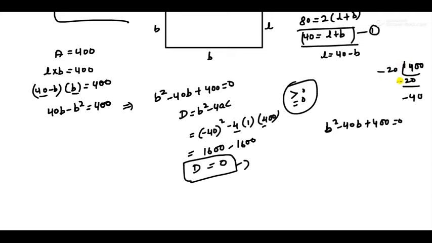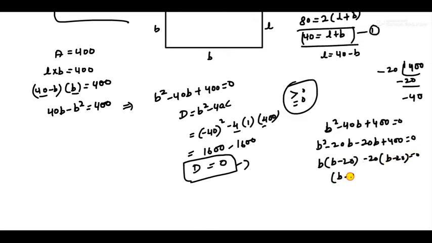And if I write both of them minus, even this condition is valid. So b square minus 20b minus 20b plus 400 equals 0. So b is common, b minus 20. Here minus 20 common, so b minus 20. So on solving, we'll get b minus 20, and therefore b is 20.